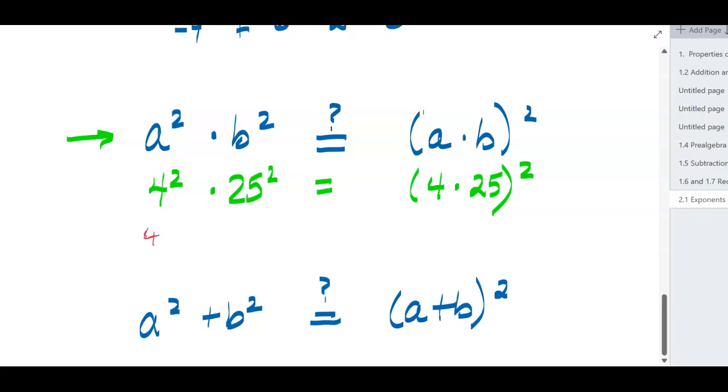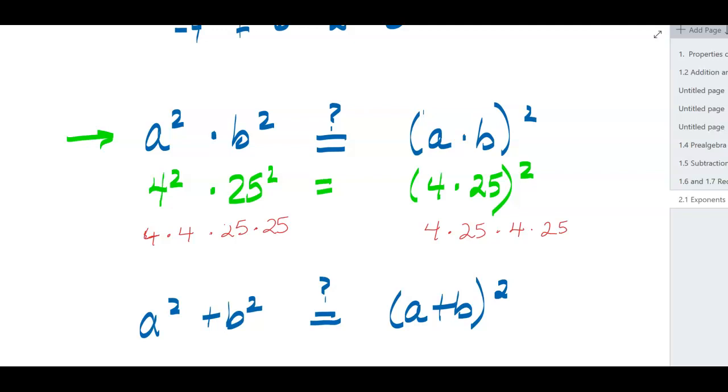This is 4 times 4 times 25 times 25. This side is 4 times 25 for the first quantity, but I'm multiplying it twice. 4 times 25. Can you see what's going on now? It's just a rearrangement.